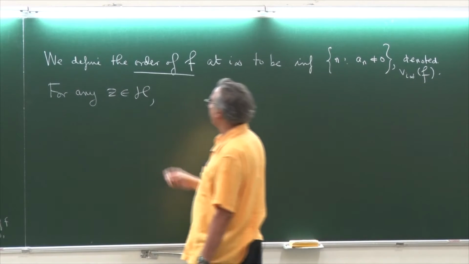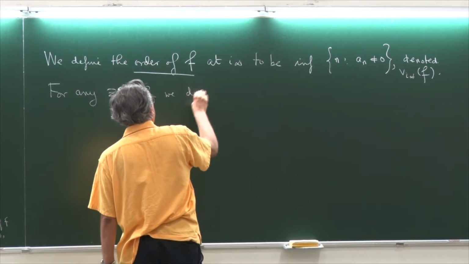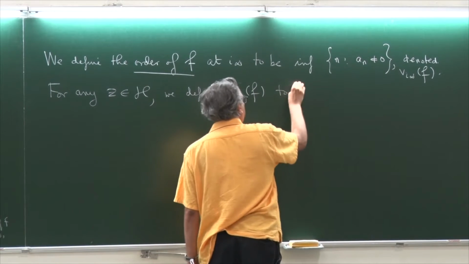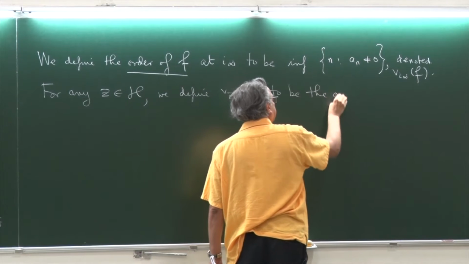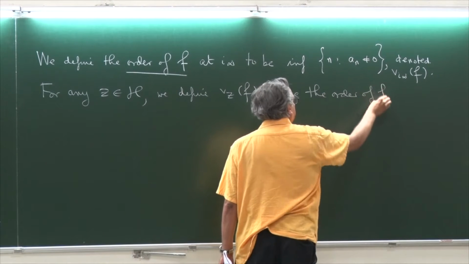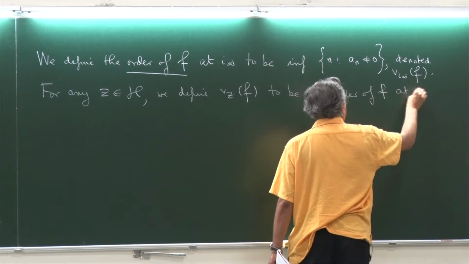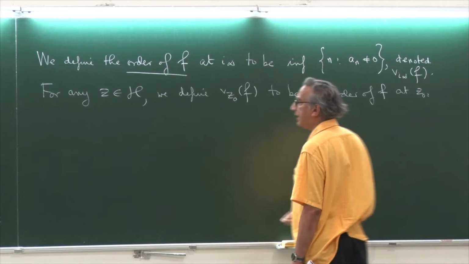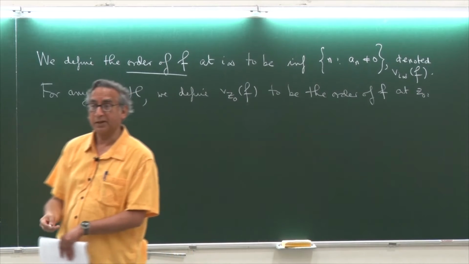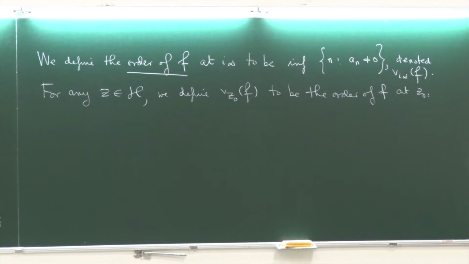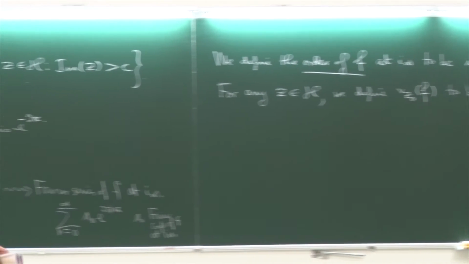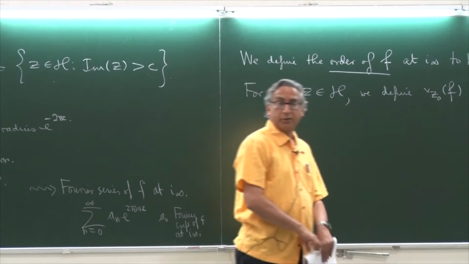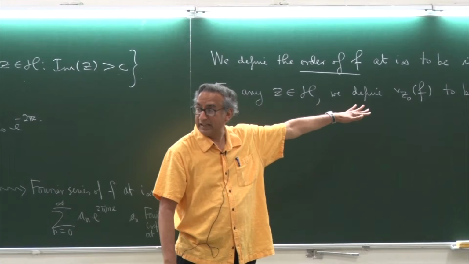For any other point, we define v_z of f to be the order of f at z. In other words, let's say z naught. When I think of the function f as a function of a complex variable, it's holomorphic at z naught, therefore it has a Laurent expansion, and it begins with some first non-zero term, has a certain zero of order v_z0 of f.